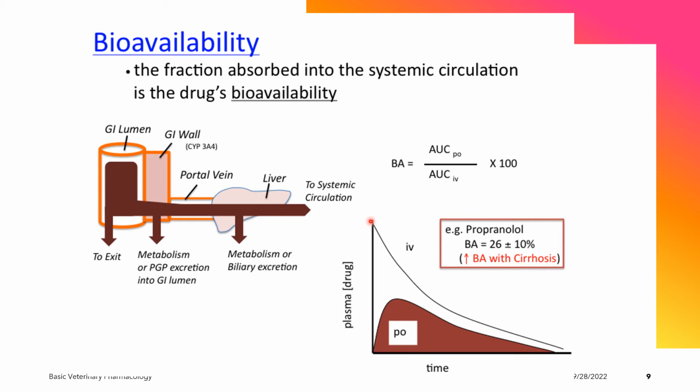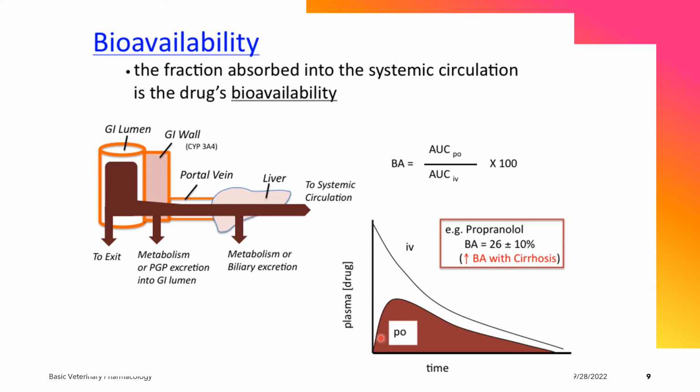It will not go through the GIT. It will not undergo the first pass effect or the first pass metabolism. That is why the bioavailability of the drug, the fraction of the drug that is absorbed into the systemic circulation, for an IV administered drug is 100%.